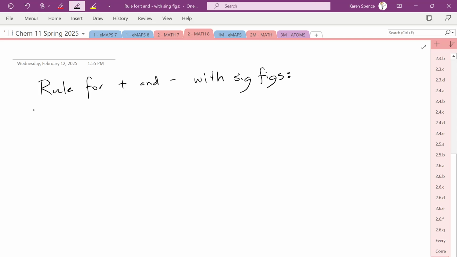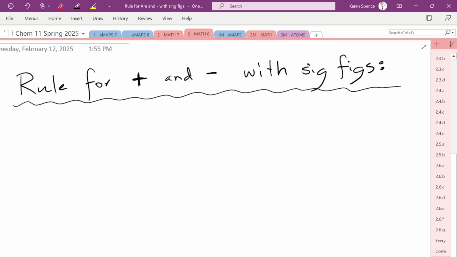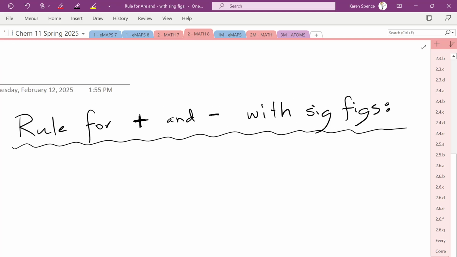So write down what you think is the rule. And if you have no idea, then have a chat with your neighbor. So what is the rule for adding and subtracting with sig figs?